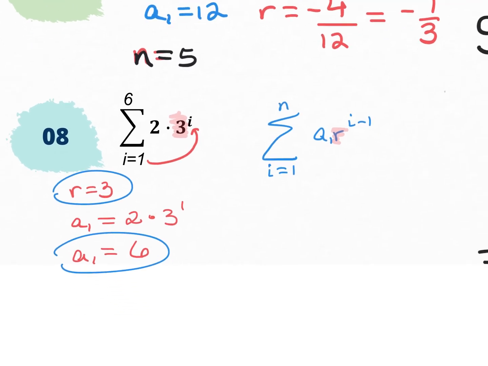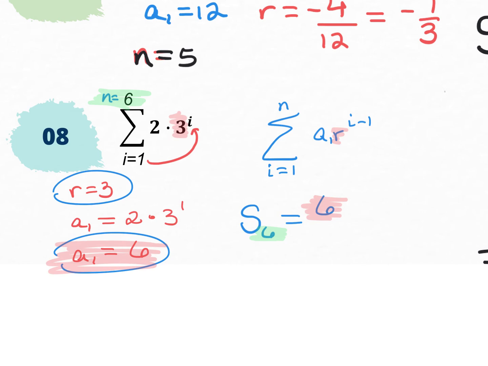So again, my formula is S, and this is going to be S sub 6, because that's my n value here. And I'm going to be doing a sub 1, which is 6. Again, different 6's here. So let me do it in green. This 6 is the n. This 6 that I wrote in red here is the first term.